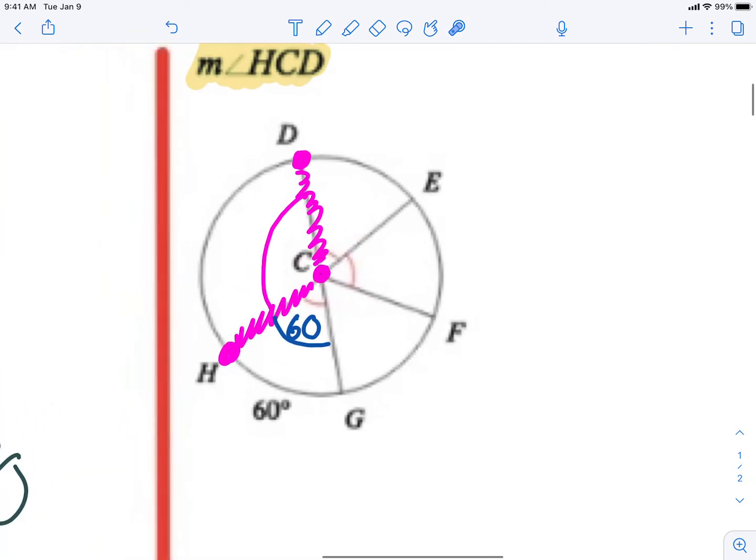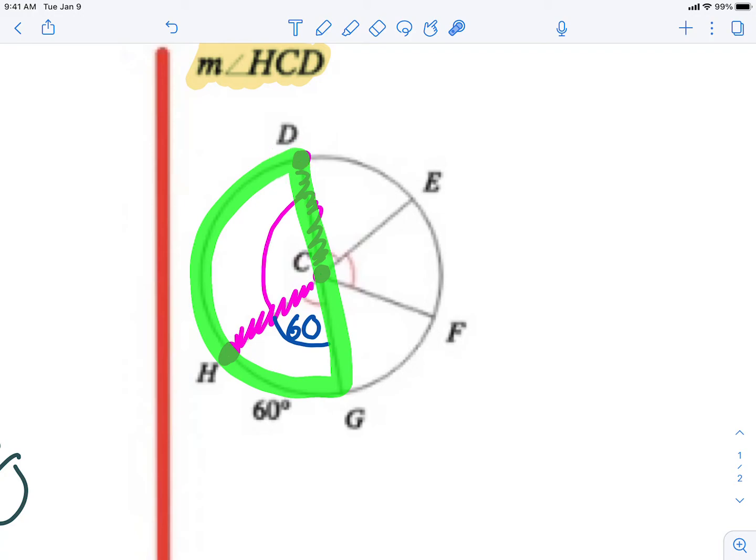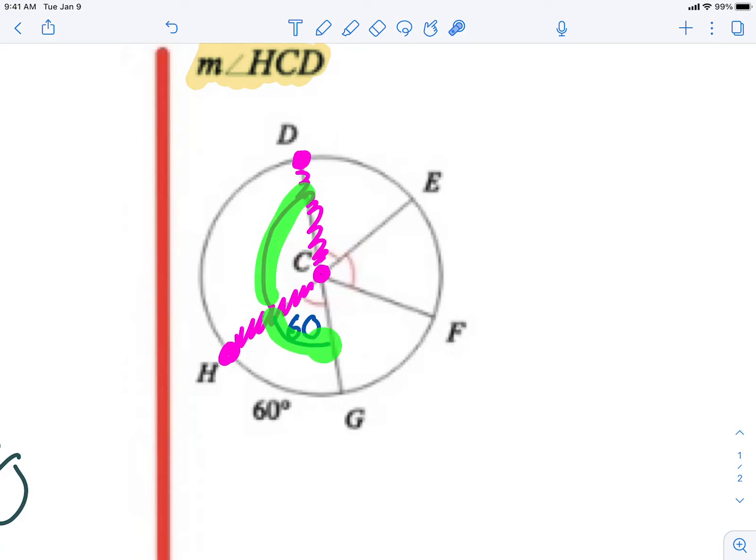So that means that this angle plus that angle is equal to 180.